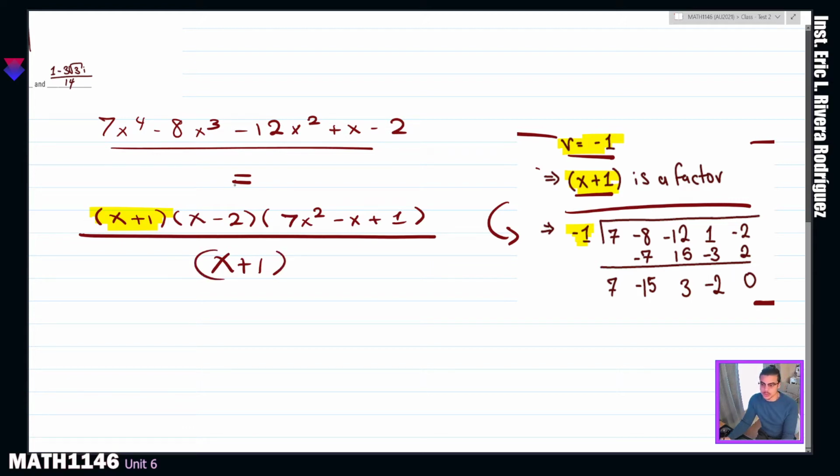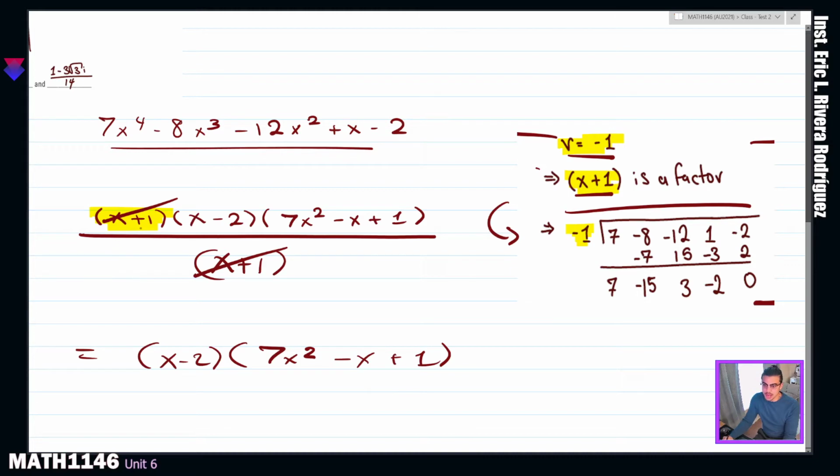And when we do this division, we cancel that factor. Hence, we get x minus 2 times 7x squared minus x plus 1 as the quotient, right? The remainder is 0.